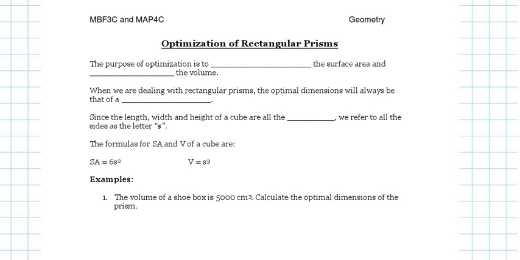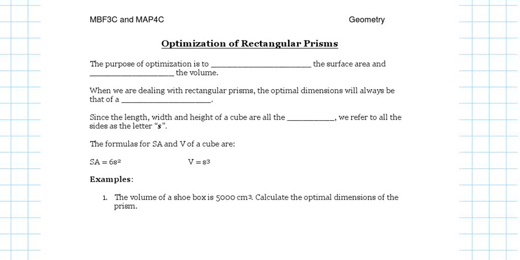The best surface area is how much material I use to make my object, right? So the less material I use, the better it is, because then my cost is going to be reduced. If you're talking about business, if you're a businessman or a businesswoman and you want to reduce your cost, you want to reduce your material. Guess what? A cube minimizes your cost, minimizes your surface area, minimizes your material that you're going to use.